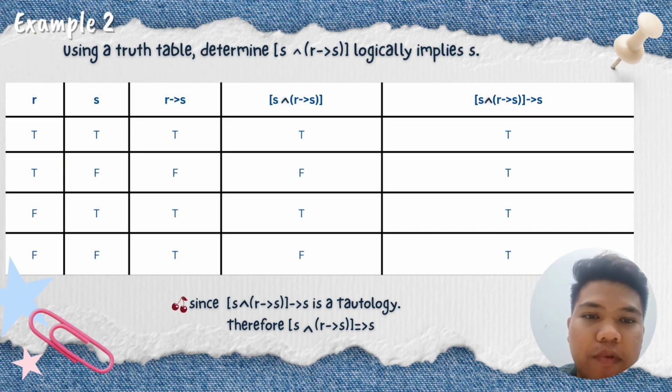And then we find the truth values for the whole expression, S and (R implies S) implies S, which we will get true, true, true, true.